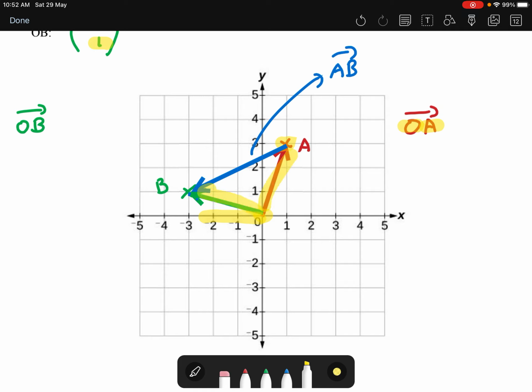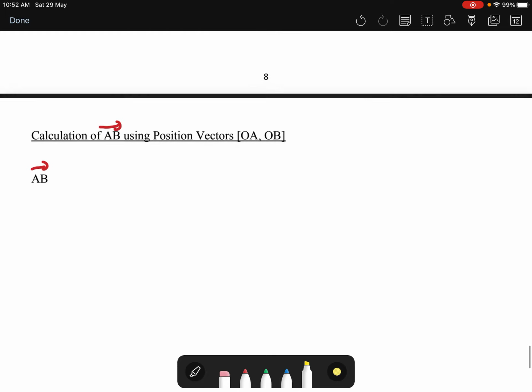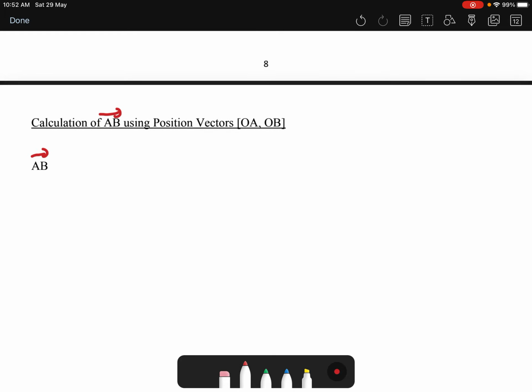Okay, so same thing, we need to use the idea of the addition and subtraction of vectors. If you still remember your addition and subtraction of vectors, we always use OB, the final, minus away the initial OA. Okay, so if I manipulate a little bit to see whether I can get AB.